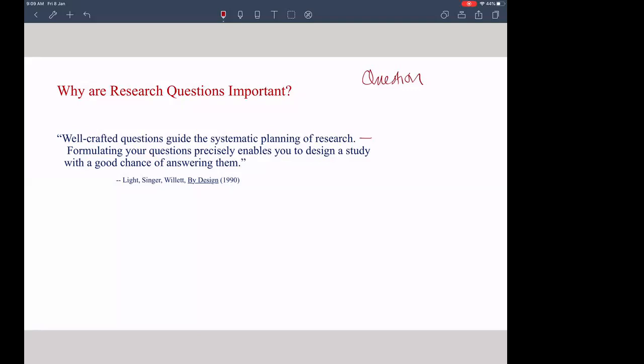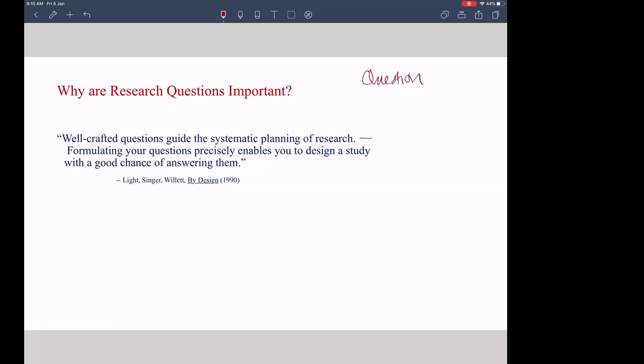If I go by aeroplane, there could be some issues from Islamabad, such as the weather conditions. So even for the simplest thing, it is the question always. Likewise, in clinical issues, in research, it is the question that comes first. Well-crafted questions guide the systematic planning of research.